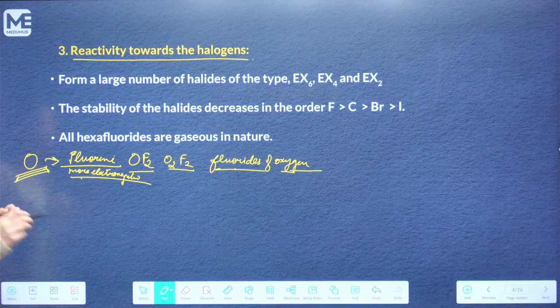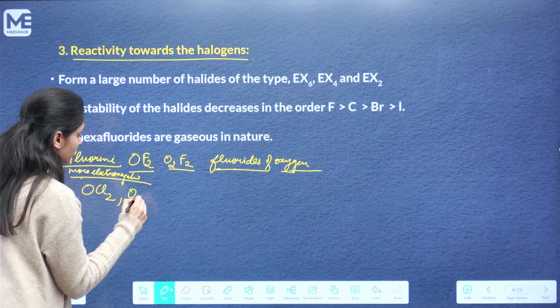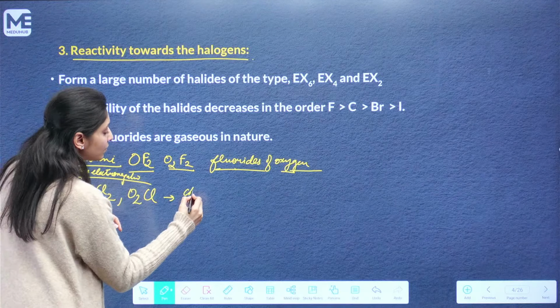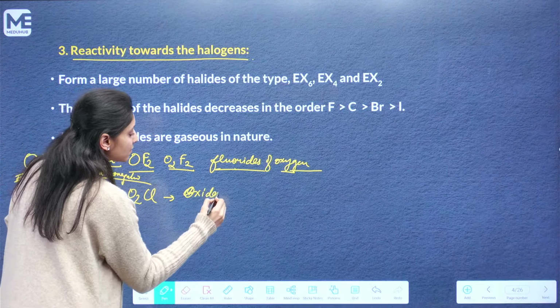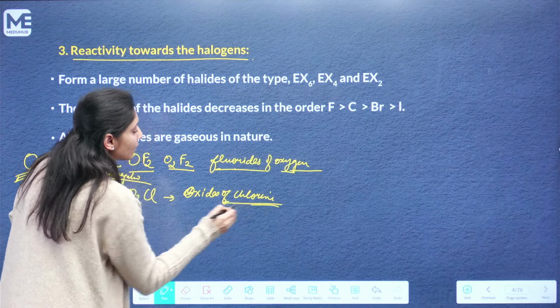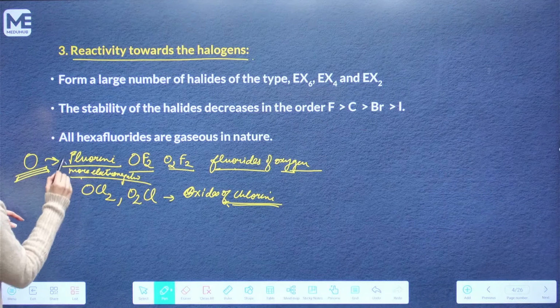With the rest of the halogens, let's say OCl2 is formed, O2Cl is formed. These are all oxides of chlorine. So the difference only lies here in the reaction with fluorine.